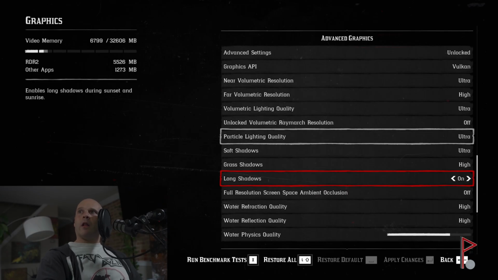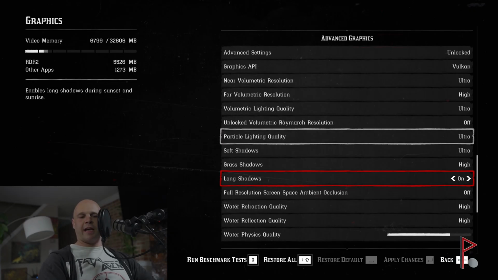Particle lighting quality. Now this refers to how light affects the particles.